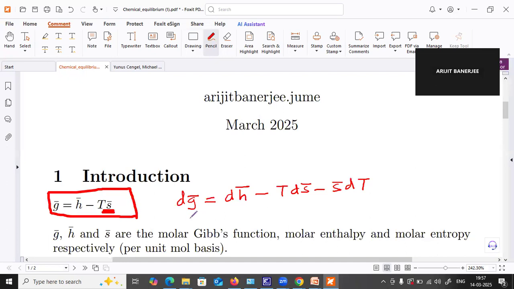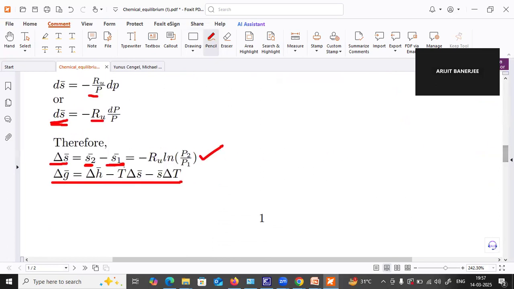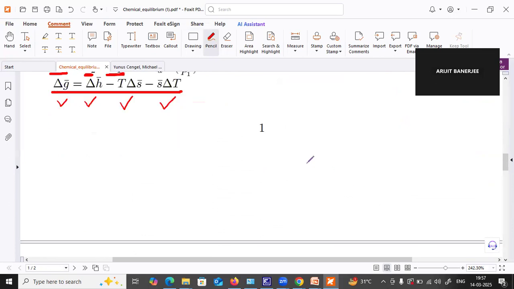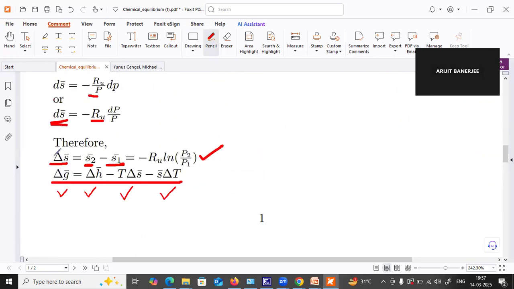Therefore, what will be the finite change? If I go for calculating the finite change, it will be delta G is equal to delta H bar, all are basically molar, minus T delta S minus S delta T. So we have written here delta G is equal to delta H bar minus T delta S minus S delta T. Next, we have already calculated delta S. Now, what will be the other terms?